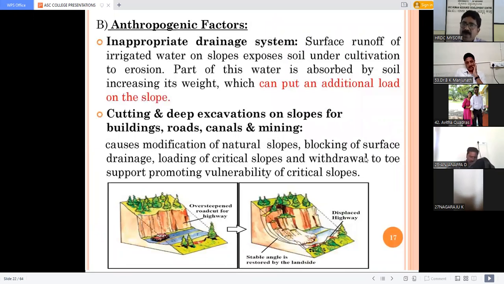Now come to the causes of landslide, factor number 2: anthropological activity is also most important. Today, we have so many perennial water systems, natural perennial rivers, perennial water. Perennial means that waters flow on the surface in all seasons.